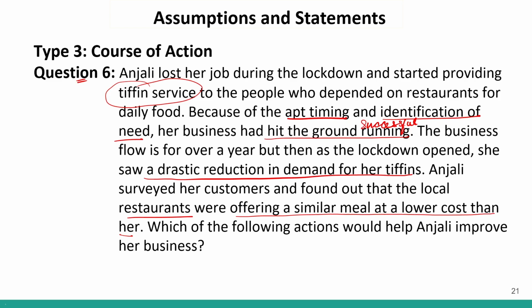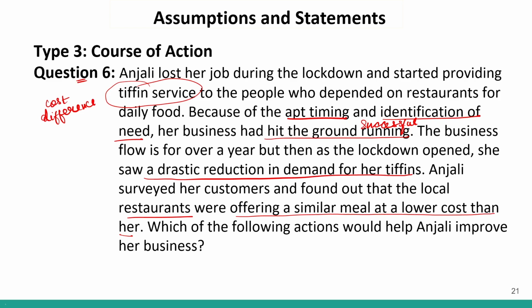The restaurants were supplying the same kind of meal at a lesser price. So, obviously, a customer will prefer taking their meals from there because of the cost. Because of the cost difference, Anjali lost her customers, basically, not the business. The business was there but not as profitable as it was in the lockdown.